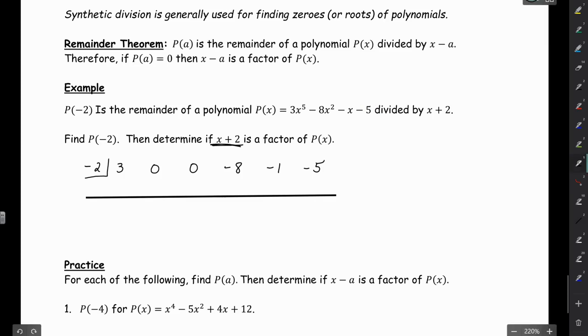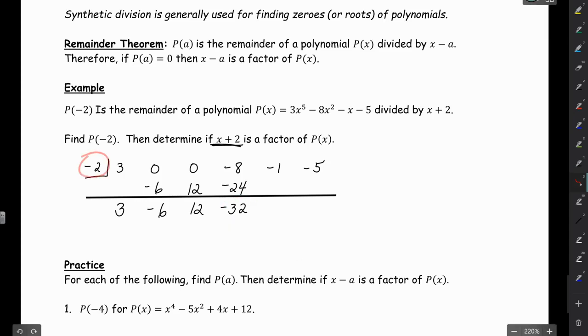All right, so let's do synthetic division. We bring down the 3. 3 times negative 2 is negative 6. Add them together. Negative 6 times negative 2 is 12. 0 plus 12 is 12. 12 times negative 2 is negative 24. Negative 8 minus 24 is negative 32.